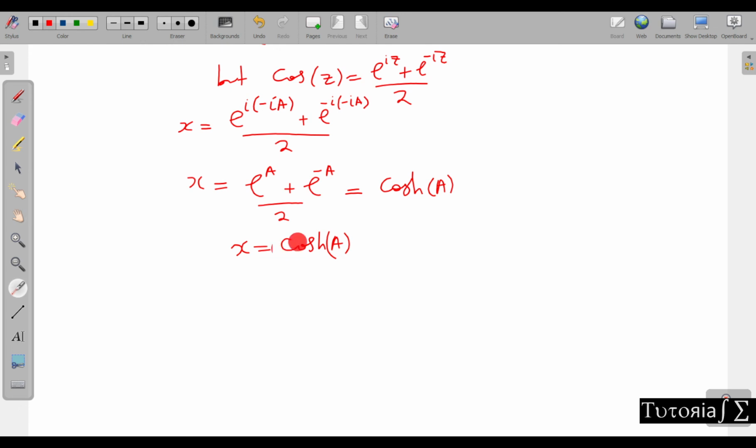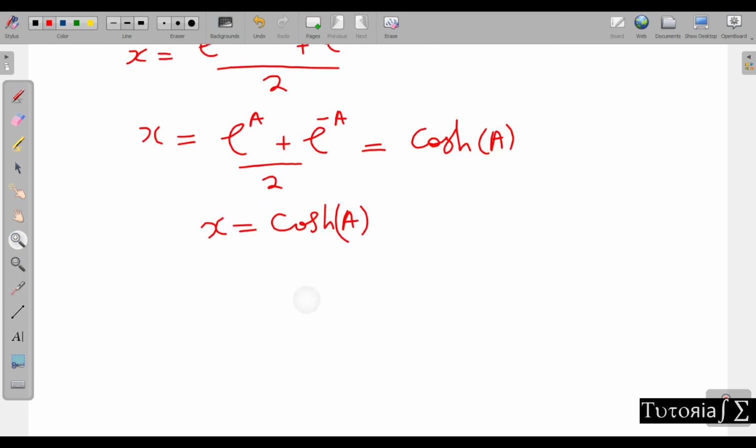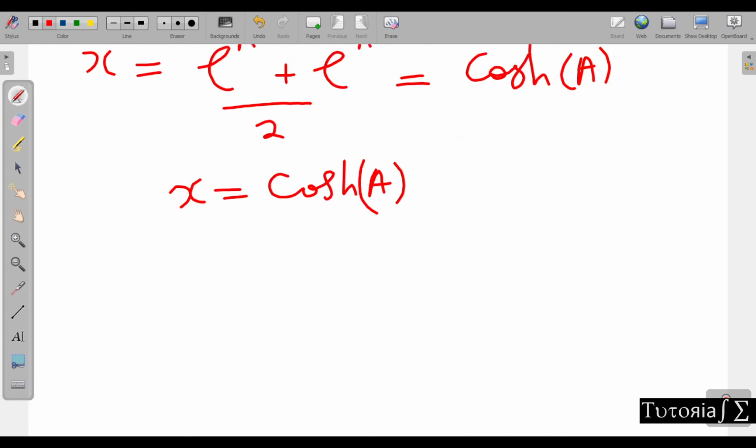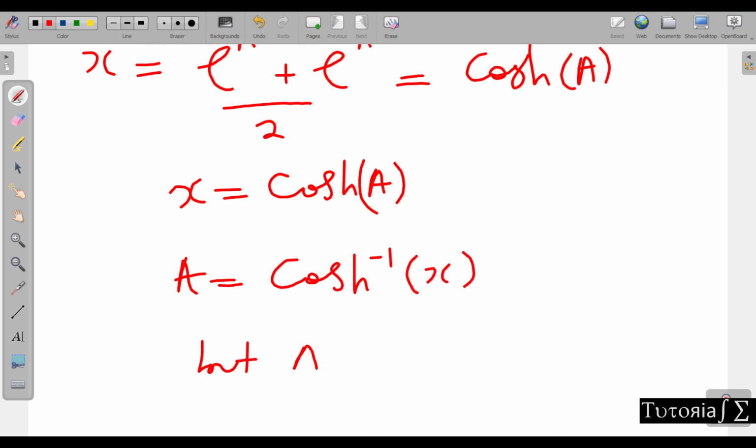So making a the subject of the formula, what are we going to have? We're going to have a is equal to cosh inverse of x. Then you say, but a is equal to the log of x plus root of x squared minus 1.